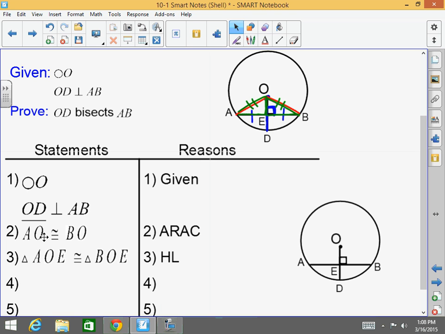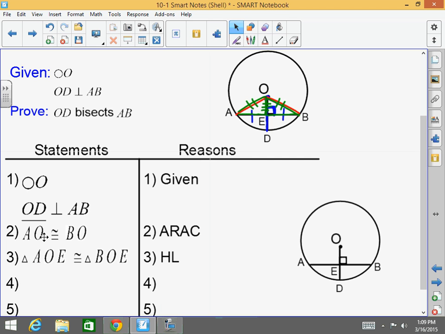Remember, I haven't proved that AE is congruent to EB yet. All I know is that AO is congruent to OB, and that OE is congruent to itself because of reflexive. I skipped a step.